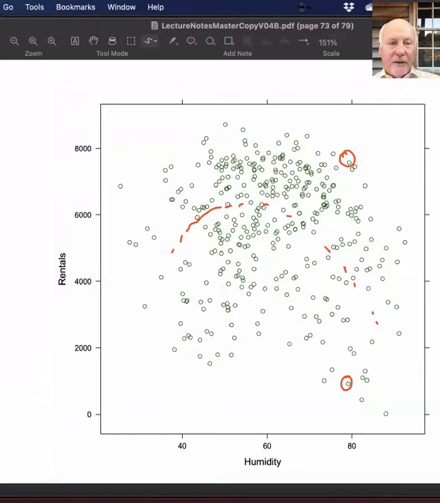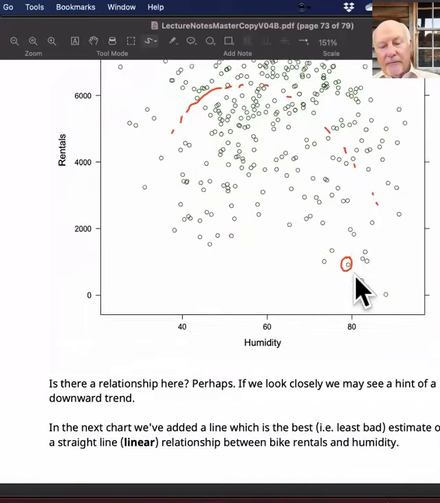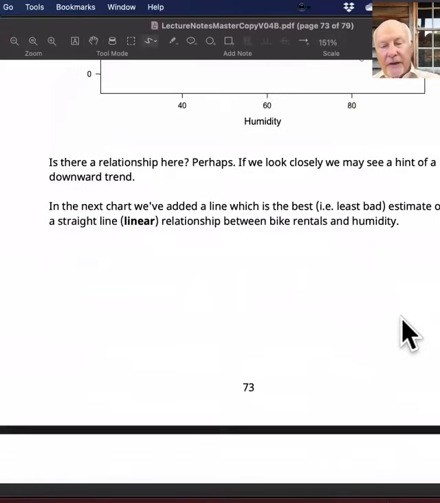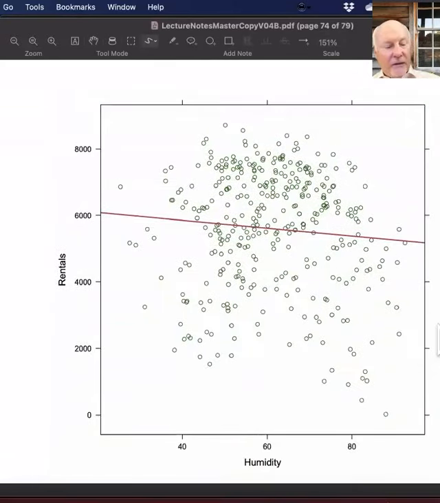So what I've done is I've added here a line. Now, let me tell you about the line. This line represents something we call a linear model, and it starts with the assumption that the relationship in the real world between humidity and rentals is a kind of straight line relationship.